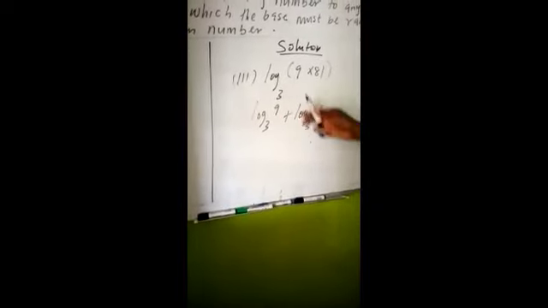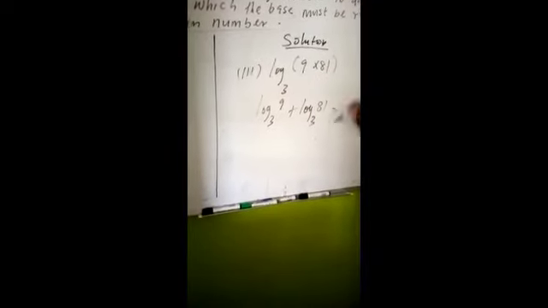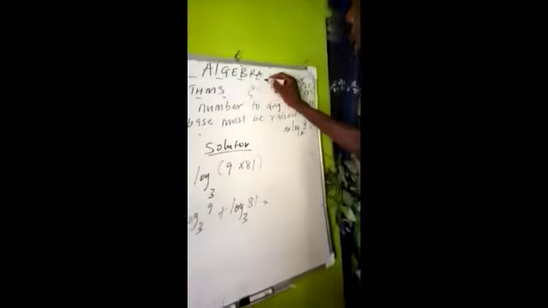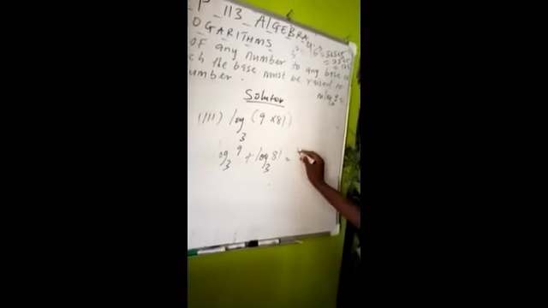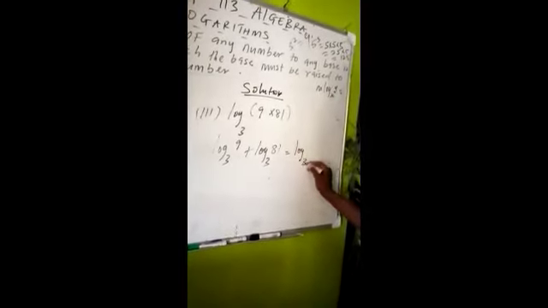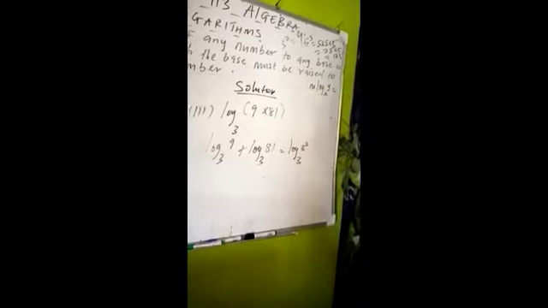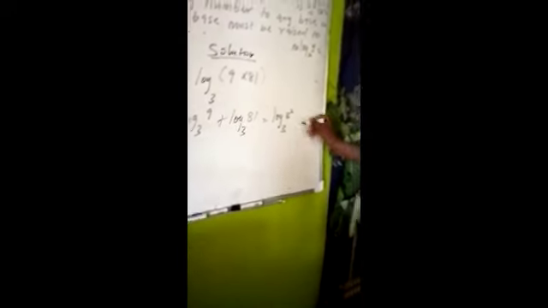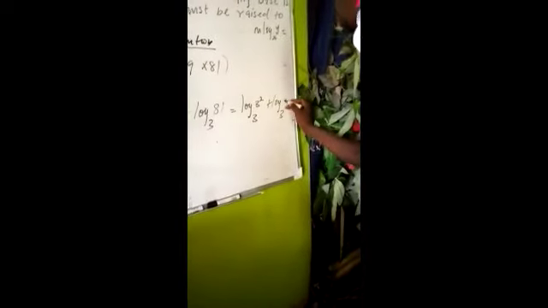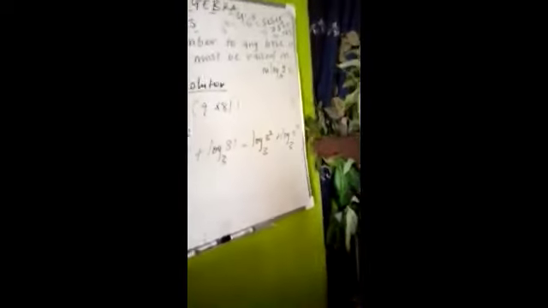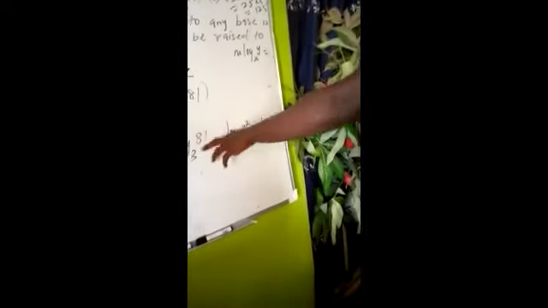So you ask yourself how many 3s are inside 9? It is 2. That is 3 raised to power 2 is what? 9, 3 times 3. So we have it as log 3 of 3 to the power 2, remember, because of the 9, plus log 3 of 3 to the power 4. Yes, because 3 times 3 up to 4 times will give us 81.